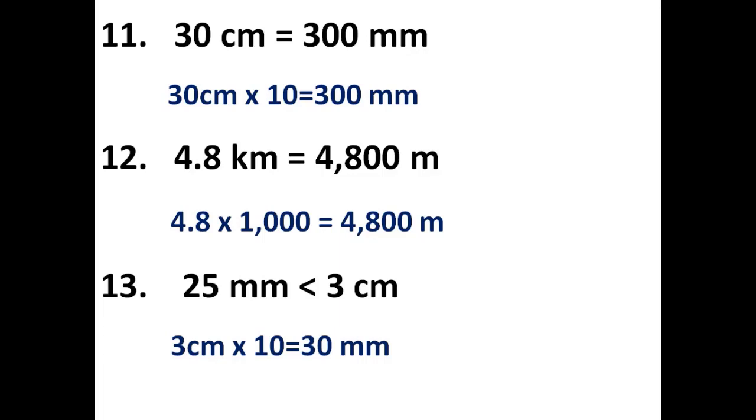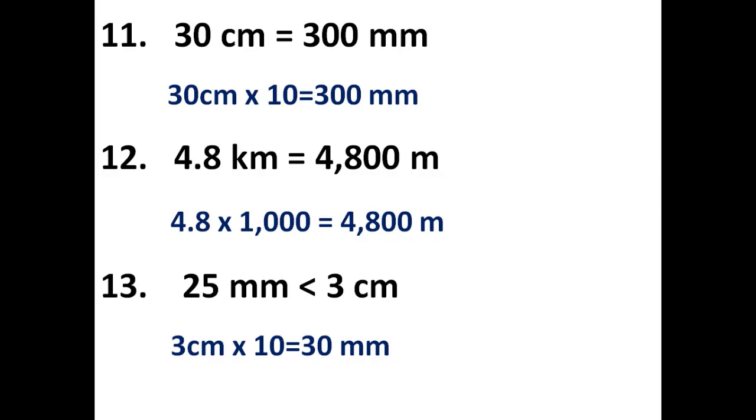We will convert centimeter into millimeter and then we will decide they are same or greater or lesser. 30 centimeter multiplied by 10, you will get 300 millimeter, and other side is already 300 millimeter. It means both are equal. You will put the equal sign.